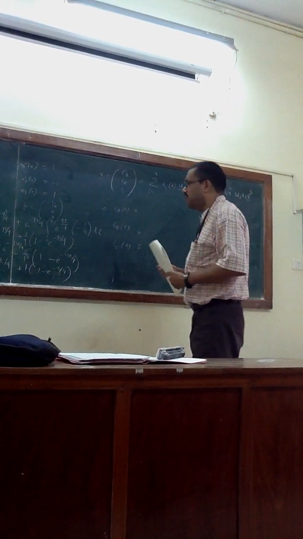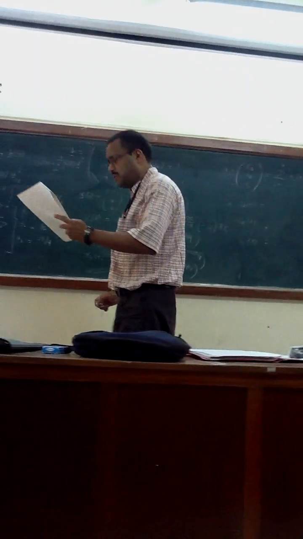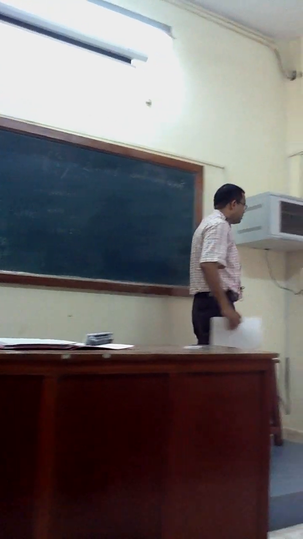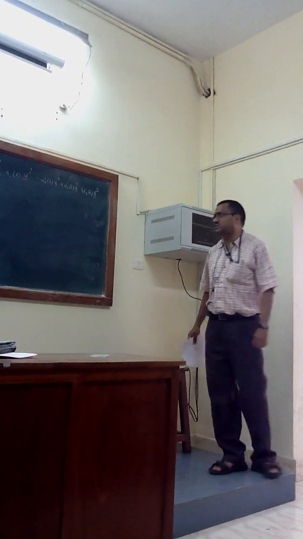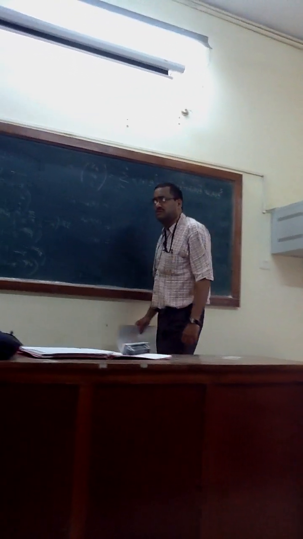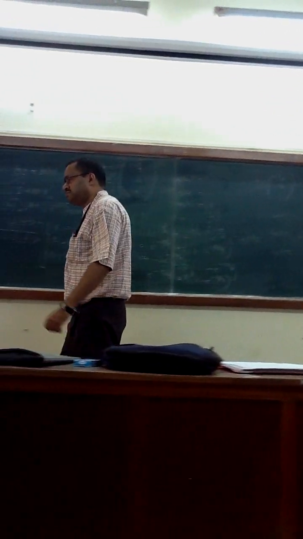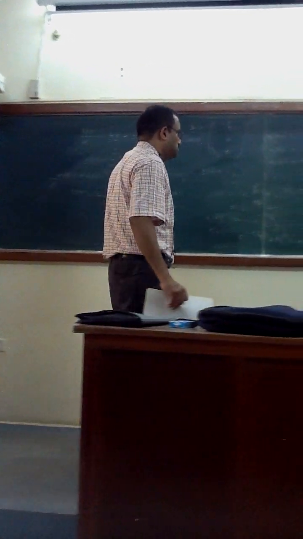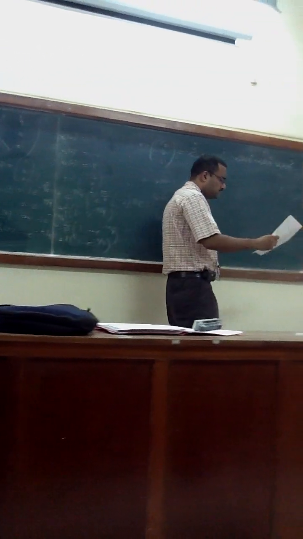So if you do the manipulation, you get the time dependent function. So CA as a function of time, CB as a function of time, and CC as a function of time. So you get time dependent functions.